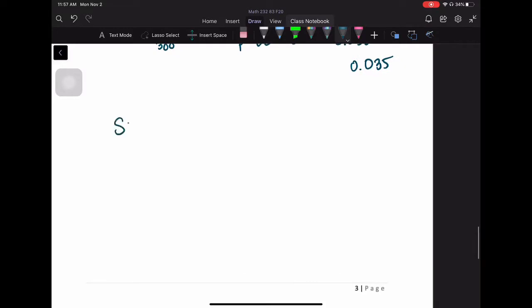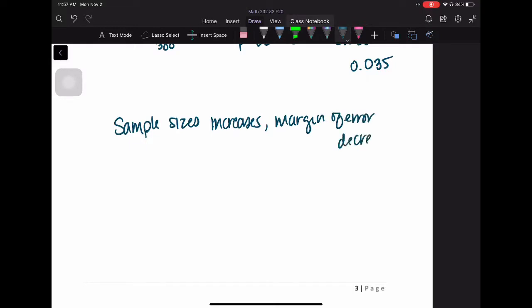As sample size increases, margin of error decreases. And this is holding everything else constant. As sample size decreases, margin of error increases.